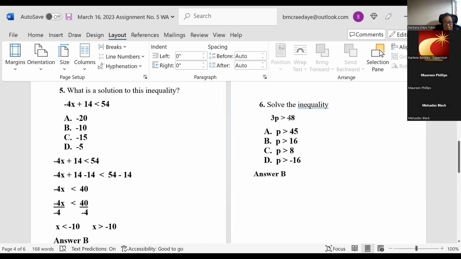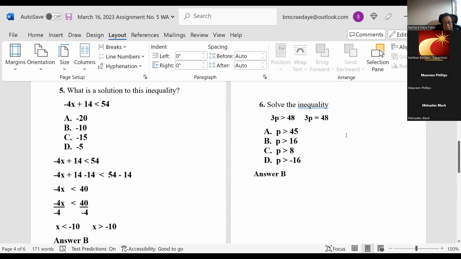If I had 3p equal, that's not an inequality, that's an equality. What would you do, Mercedes, if I had 3p equals 48 and I say, what is p?